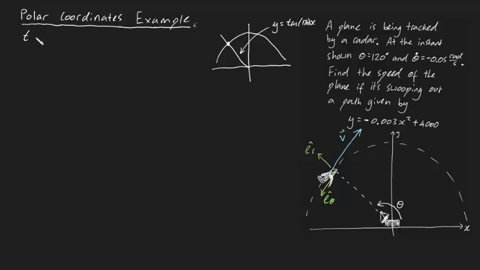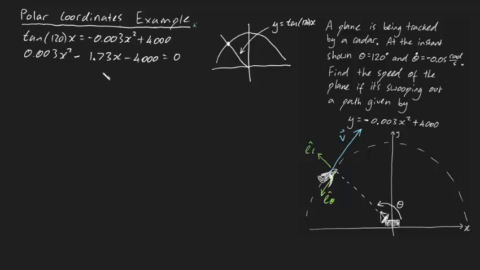We know that tan 120 x is going to be equal to minus 0.003 x squared plus 4,000. This is a quadratic we can solve, so let's put these two terms on the left-hand side, and we're left with 0.003 x squared plus tan 120 x, which is minus 1.73x, minus 4,000 equals 0.